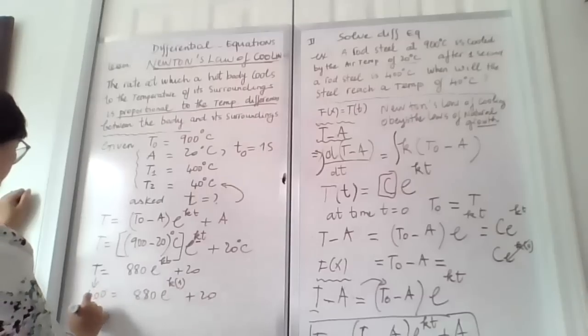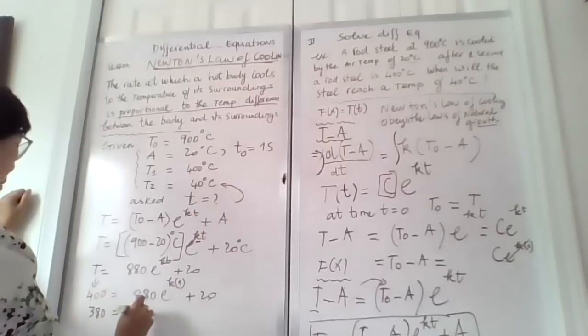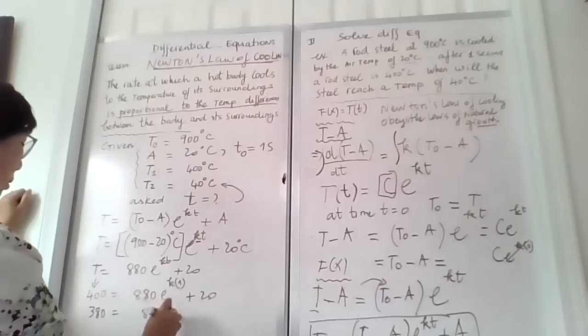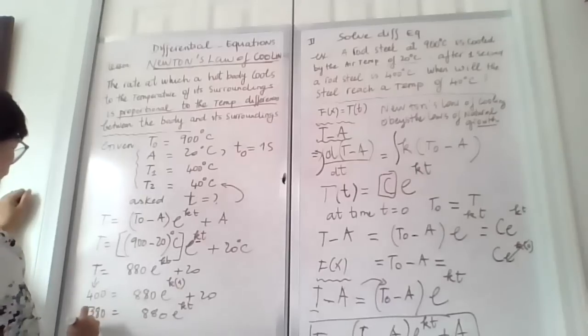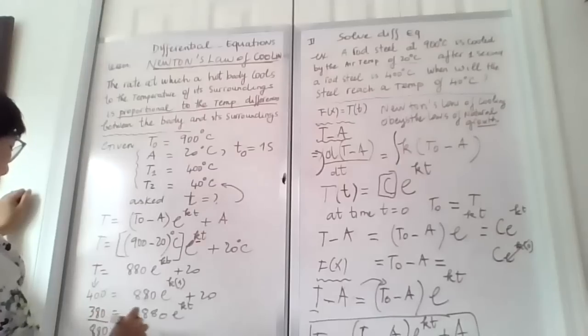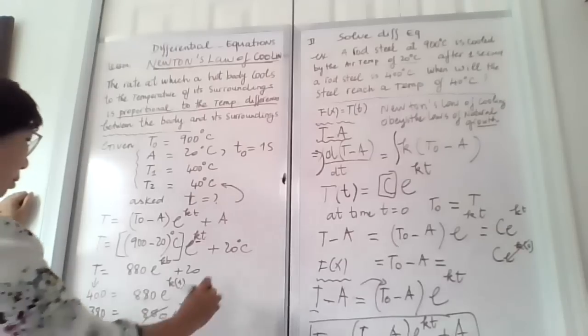So this becomes 380 equals 880 e^k. Now I'm going to divide both sides by 880.